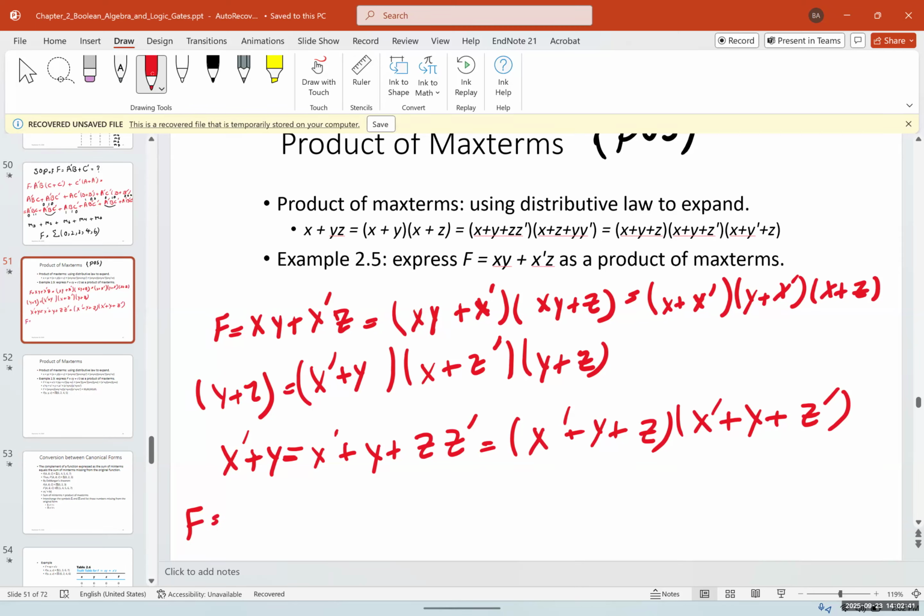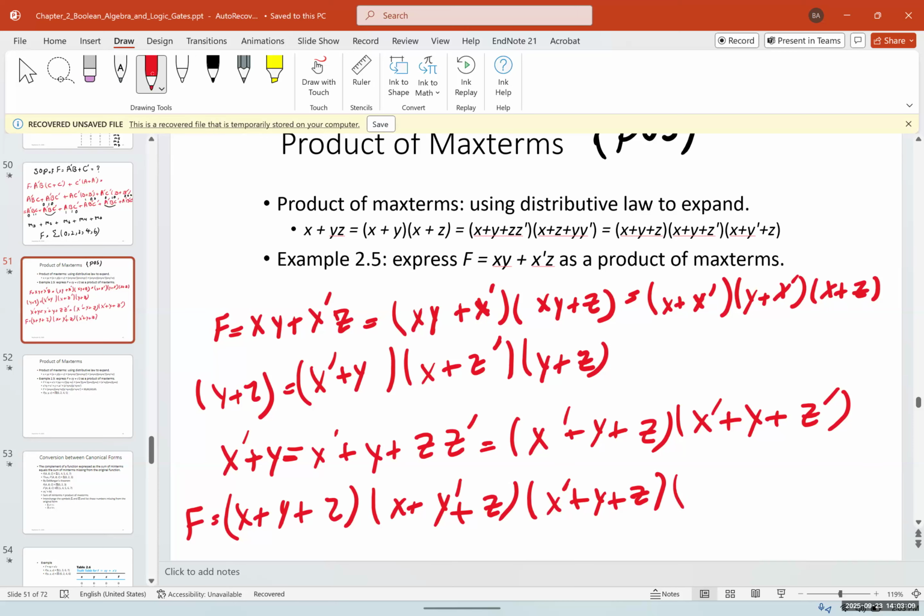Therefore, f would be equal to x plus y plus z, times x plus y prime plus z, times x prime plus y plus z, times x prime plus y plus z prime.